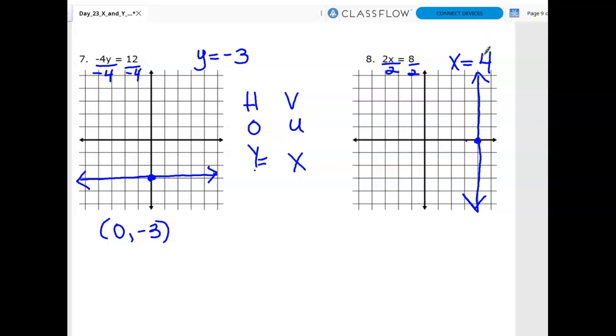Okay, but our y-intercept, if we let the x be equal to 0, then we would have 2 times 0 equals 8, and 0 does not equal 8, so we know we have no y-intercept. Okay, that's another way of looking at it.